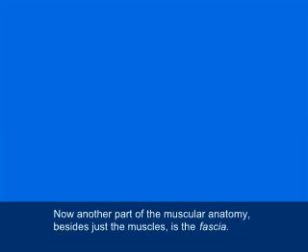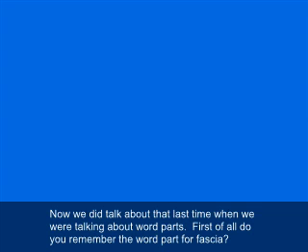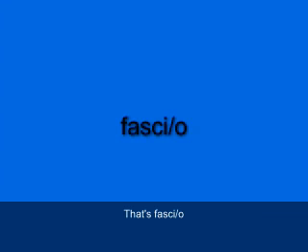Now, another part of the muscular system anatomy, besides just the muscles, is the fascia. And we did talk about that last time when we were talking about word parts. First of all, do you remember the word part for fascia? Well, that's fascio, F-A-S-C-I-O.